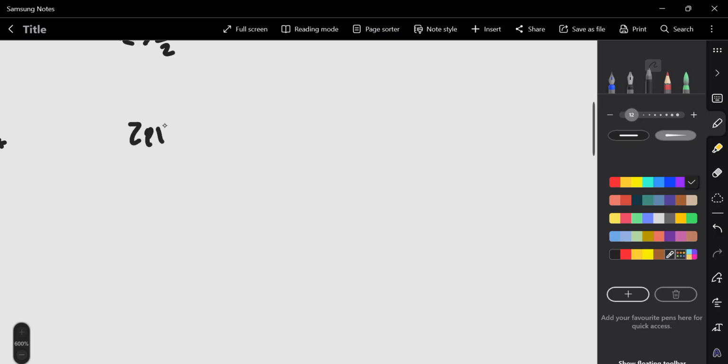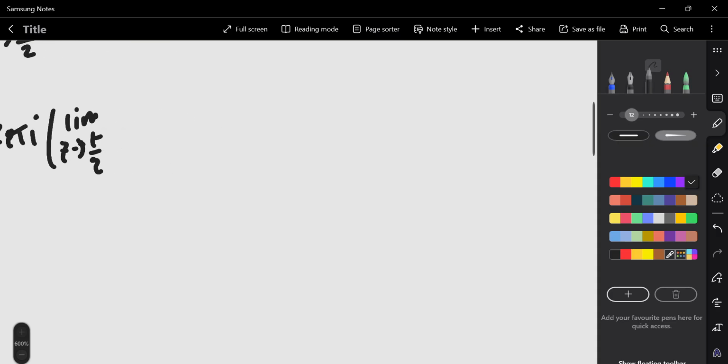2 pi i. It's gonna be split the limits up. Let's go for z to t over 2 of z minus t over 2 over 1 plus e to the minus 2zt.